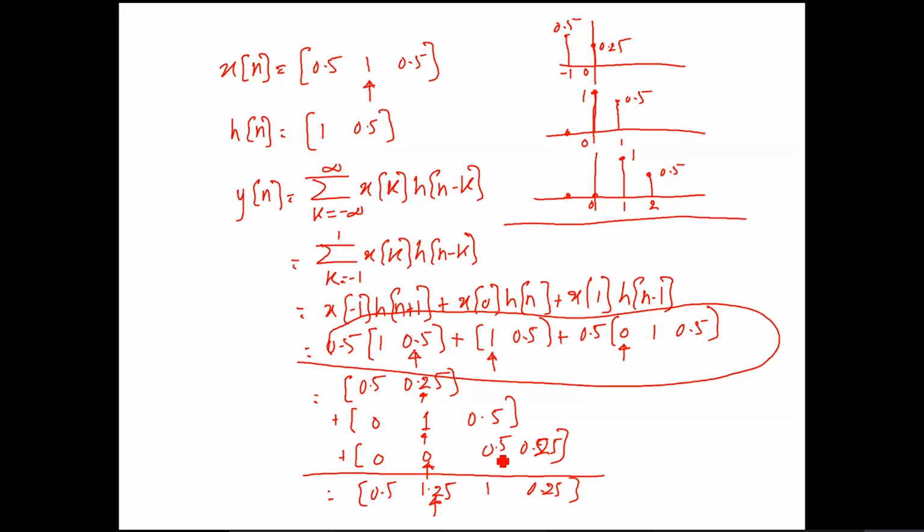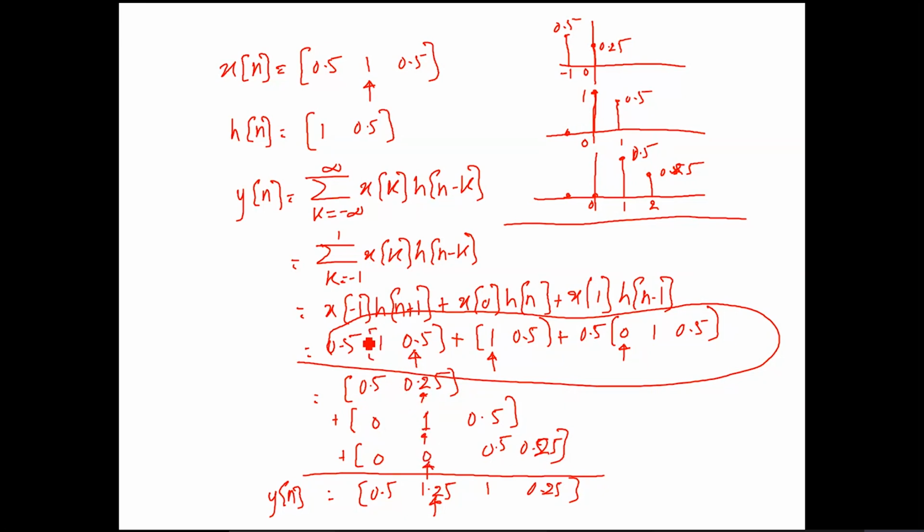This was 0.5, 0.25. Now it's right. If we add these two together, this will be 1, and if this is added, this is here. So this is your y-value.